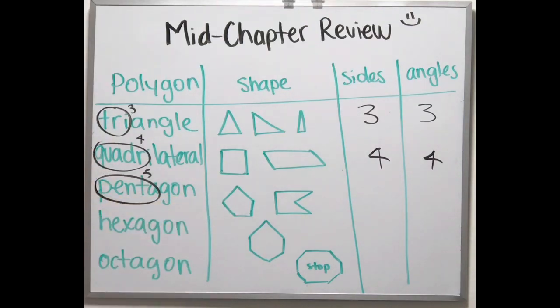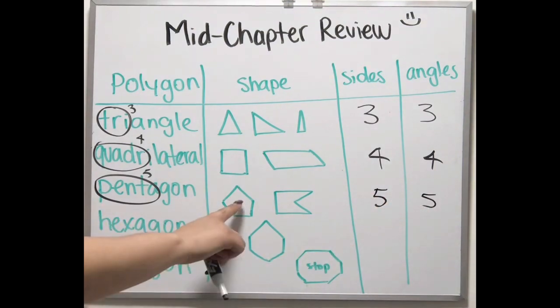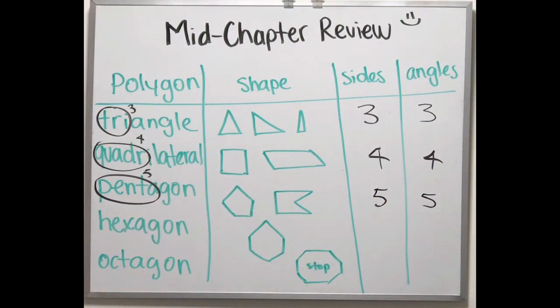If you have the shape, you can go ahead and count and then think, okay, pentagon, 5. It has 5 sides and 5 angles. Look at these 2 shapes right here. They look really, really different, but they do match with the number of sides and the number of angles. Both of them have 5 and 5.